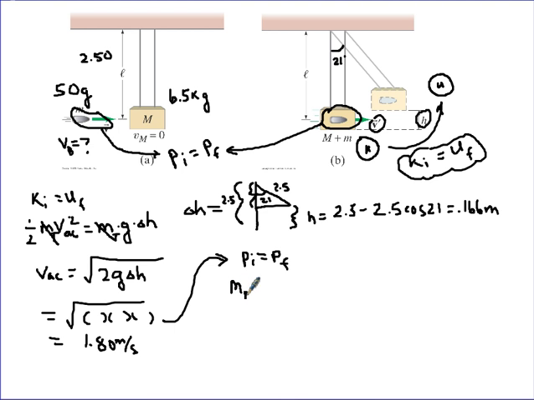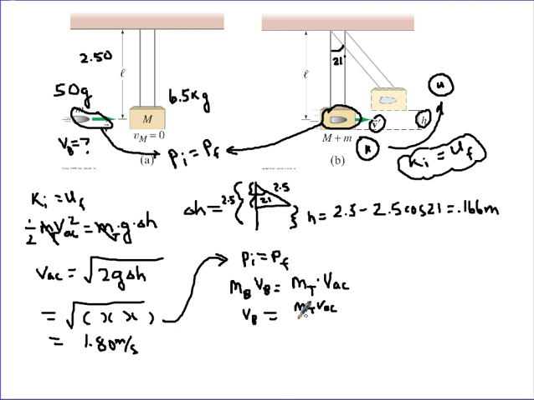The mass of the bullet times the velocity of the bullet prior to the collision is equal to the combined mass, the total mass of the block and the bullet, moving with the velocity we said it had after the collision. That was this value right here. Since I'm looking for the velocity of the bullet, you just solve this for the velocity of the bullet.